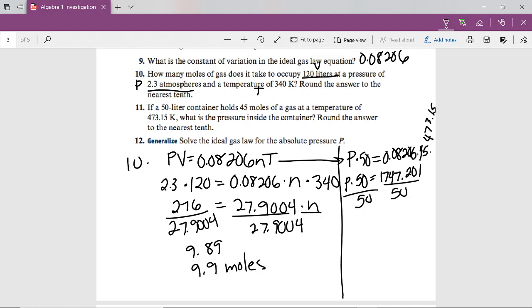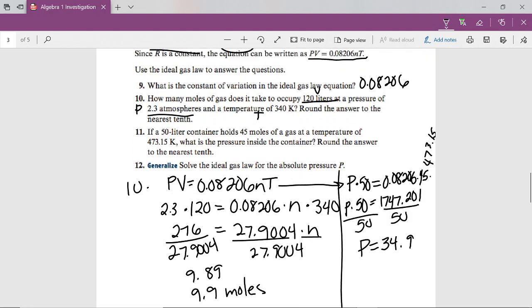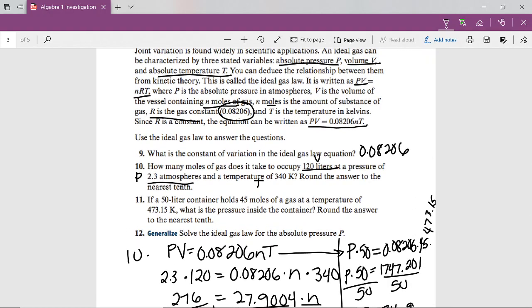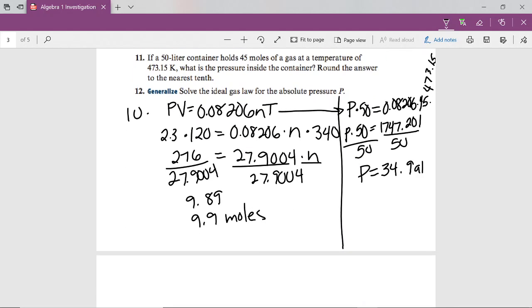So I'm going to take that number and divide by 50 so I get P by itself, and I get my pressure at, rounded to the nearest tenth, 34.9. And our pressure, absolute pressure, is in atmospheres, so ATM. Okay, so see how we are plugging in these numbers where we know them and solving for the variable that we don't.